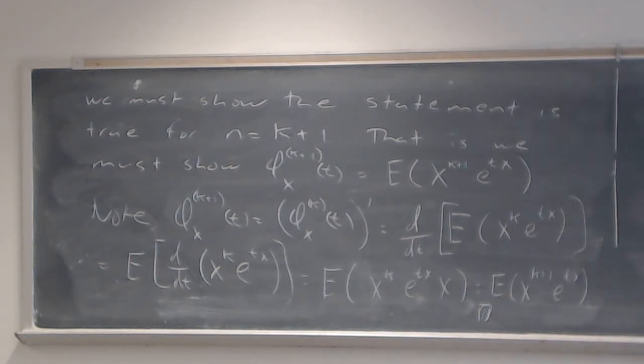Okay, well, we want to look at what we get when we evaluate this at 0, and it's very easy to see what we're going to get. Remember, we're assuming that this moment generating function is defined at 0. At least we're going to evaluate the nth derivative of the moment generating function at 0.